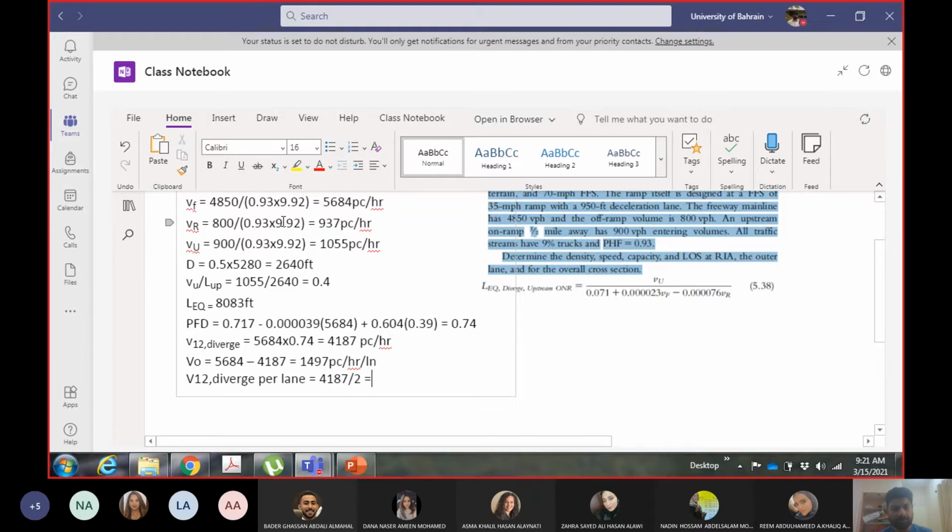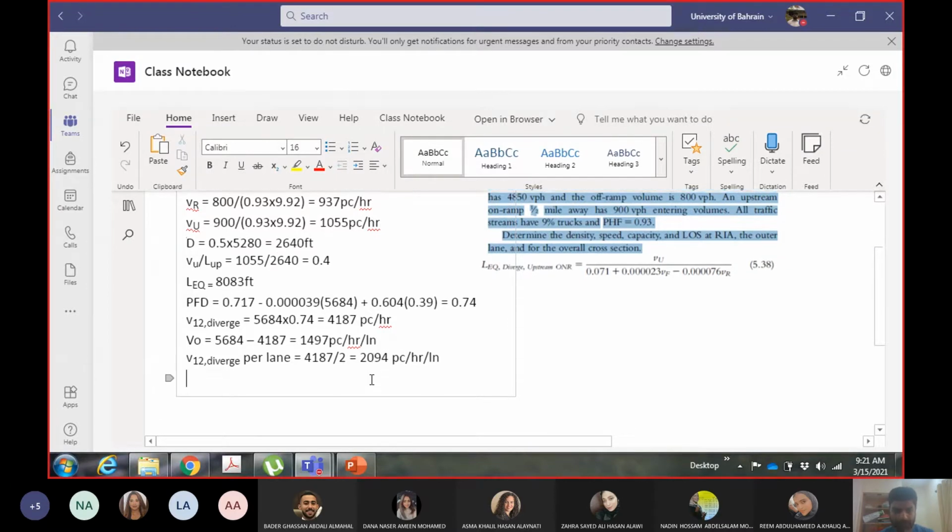How much is it? 2094 passenger cars per hour per lane. Okay, and the ratio, if you take the ratio 2094 upon 1497, how much is it?